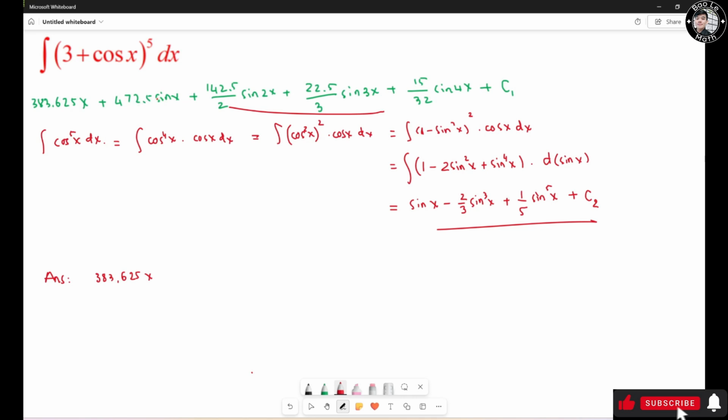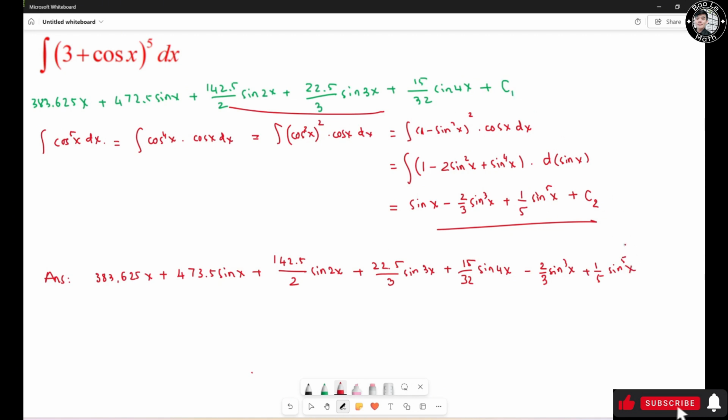Now 472.5 plus 1 is going to be plus 473.5 sine s plus 142.5 over 2 sine 2s plus 22.5 over 3 sine 3s plus 15 over 32 sine 4s minus 2/3 sine cubed s plus 1/5 sine to the 5th of s.